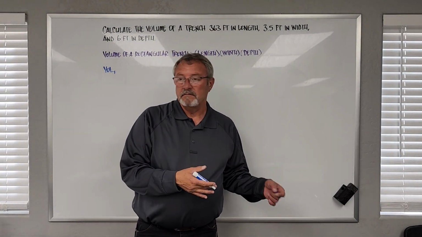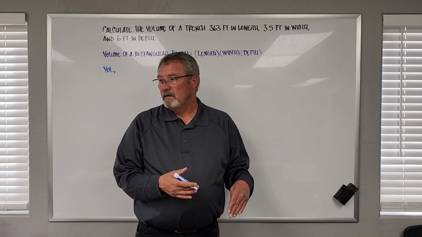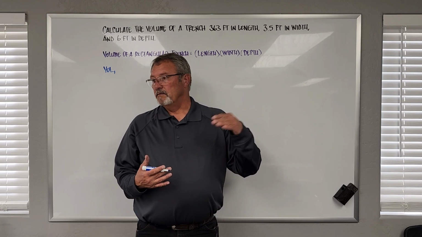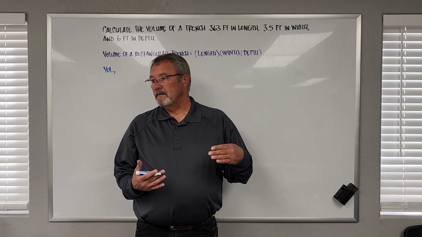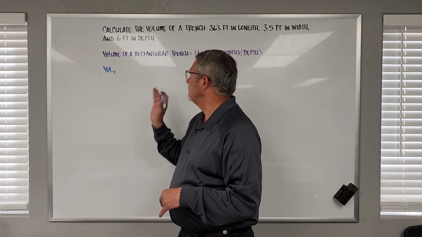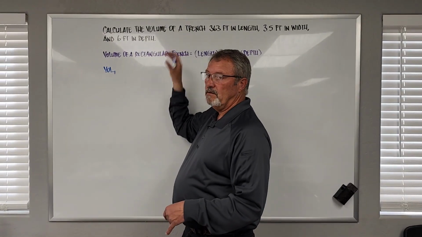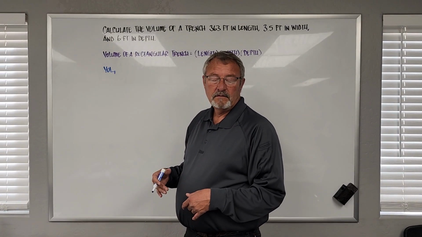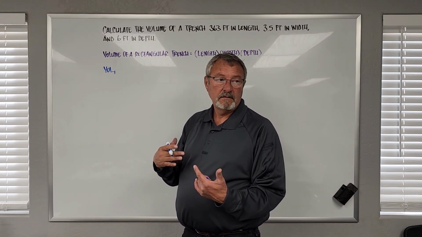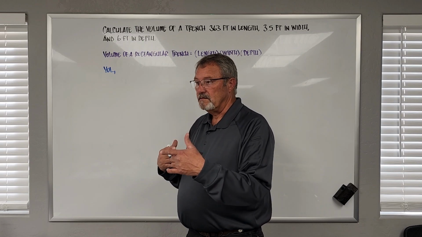If it was square footage, we could eliminate those right away. The problem would be, what if it was in gallons, right? The question says nothing about what unit of measure they're looking for. So we would have to solve this for cubic feet and for gallons because of the choices that are available.